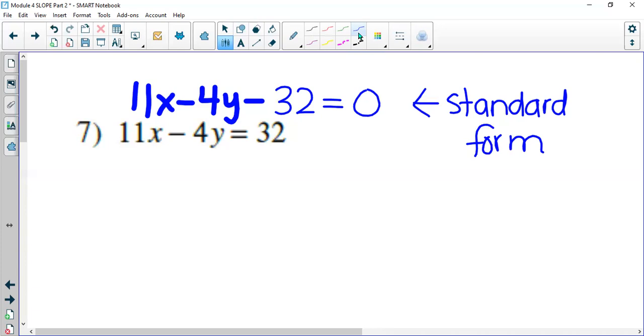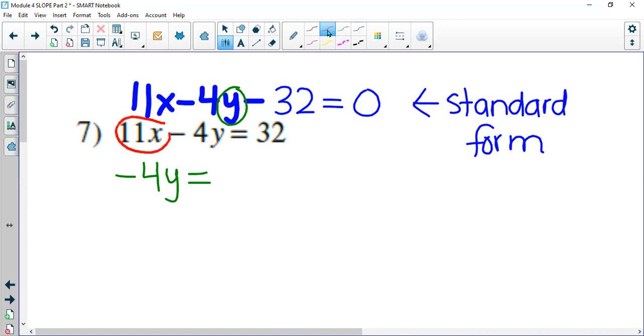Okay, so what we're trying to do is isolate the y. We want it to be in y is equal to mx plus b form. So I'm going to keep the negative 4y on the left-hand side. And I want to stress this because I marked a couple of tests where there was a problem with this concept.